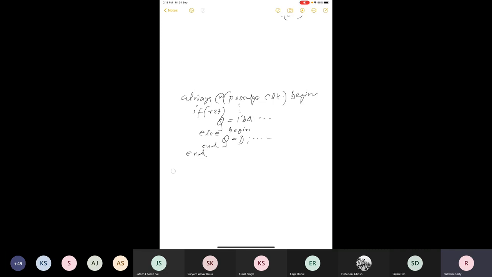But as I said, for the sake of consistency, when you are describing pure sequential logic and you understand that you are describing pure sequential logic, you should use non-blocking assignments.